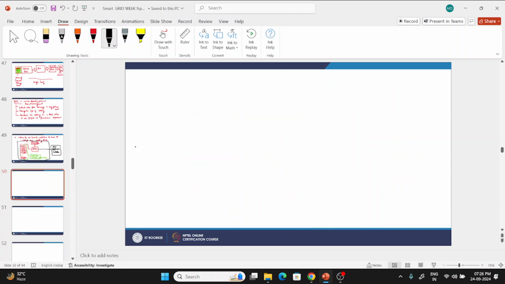Now, there are various functionalities of a BMS. We can break it down into various categories, like first, sensing and high voltage control.